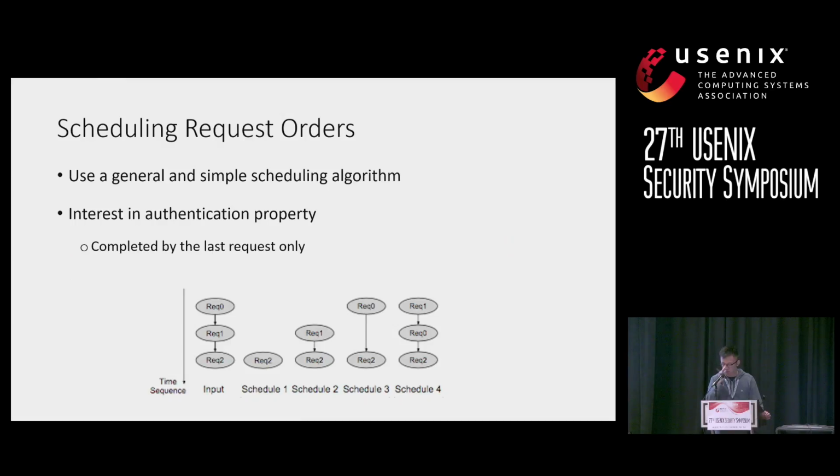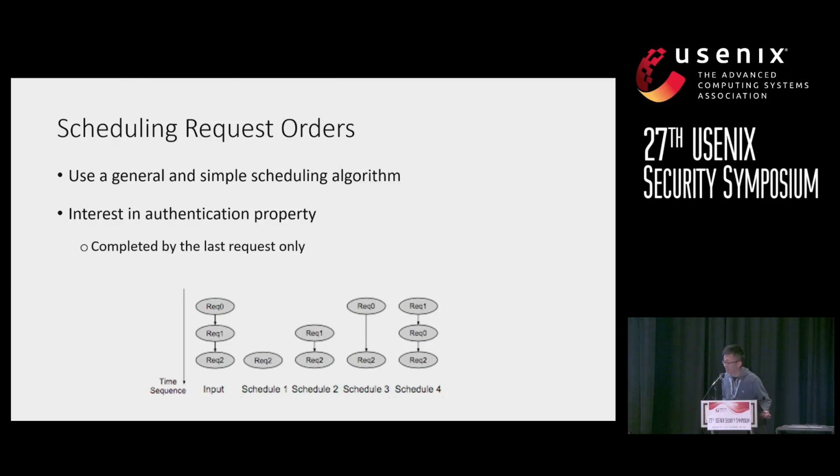So for request order scheduling, we use a simple scheduling algorithm. Originally the request order is request 0, request 1, request 2. Our algorithm will generate all other possible schedules.